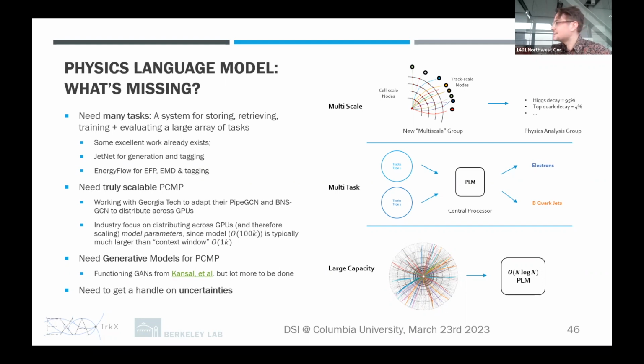Particle physics is famous for having really precise understandings of the systematic, experimental and theoretical uncertainties in a problem. That all kind of comes out in the wash when you use these black boxes. It's a trade-off. They get extremely good accuracy, but then we lose our physics intuition about how they work, right? And so we can't clearly point to where the uncertainties are.